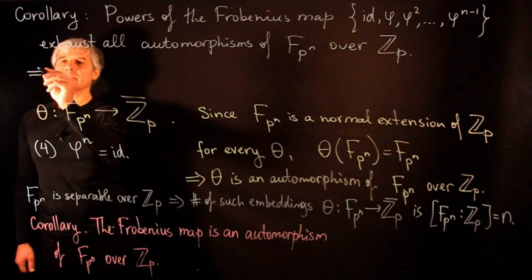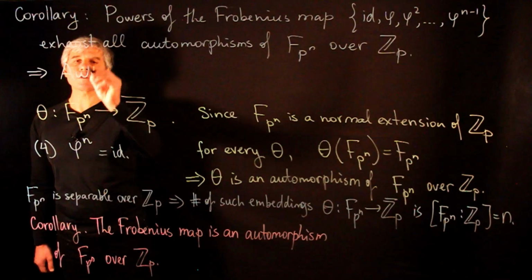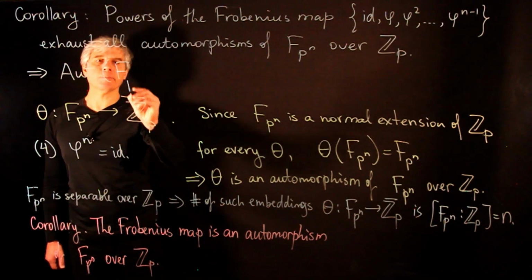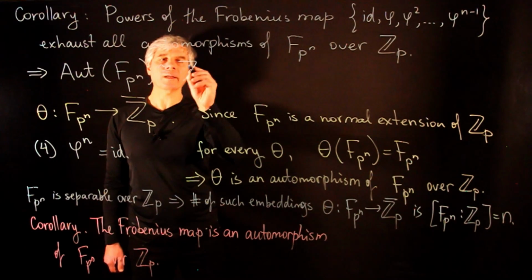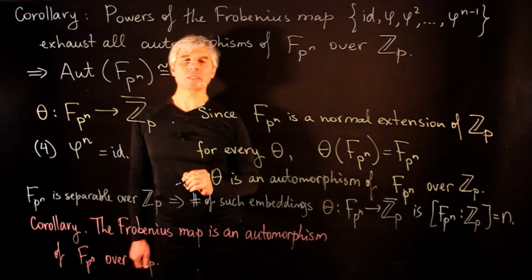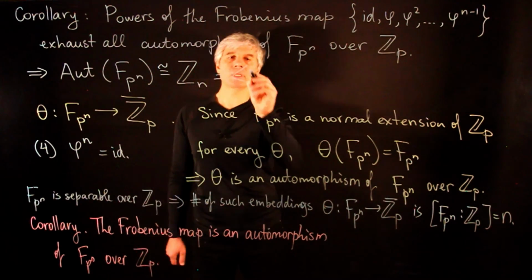And this tells us that this group of automorphisms of F p to the power n is a cyclic group of order n generated by the Frobenius automorphism.